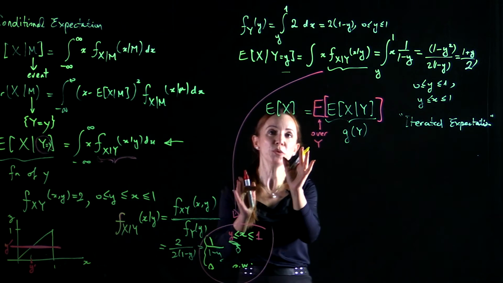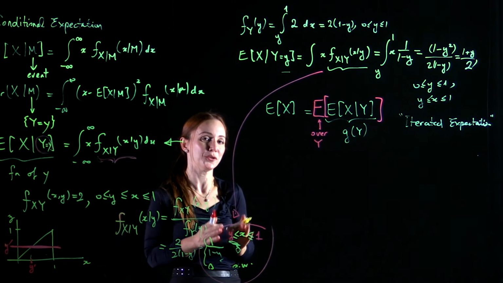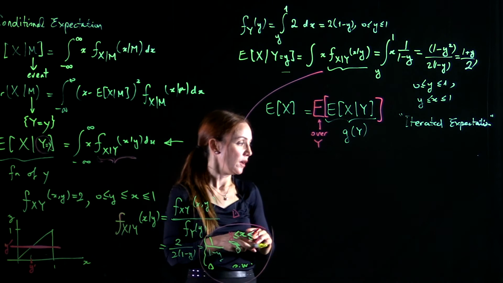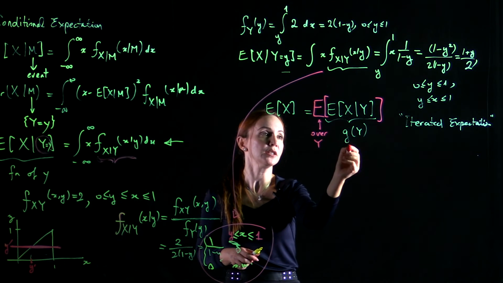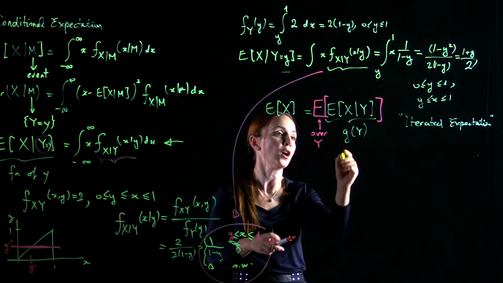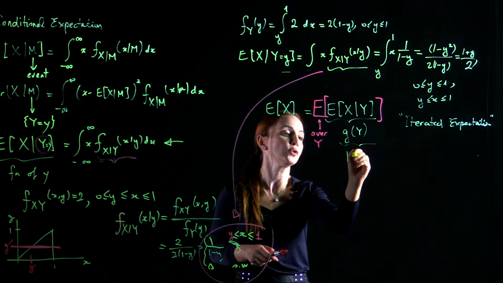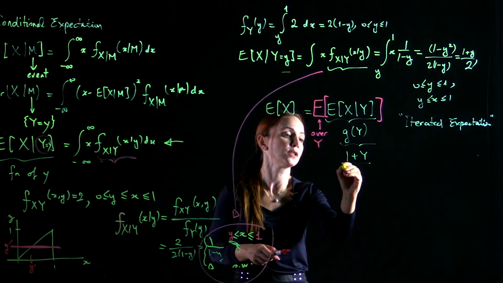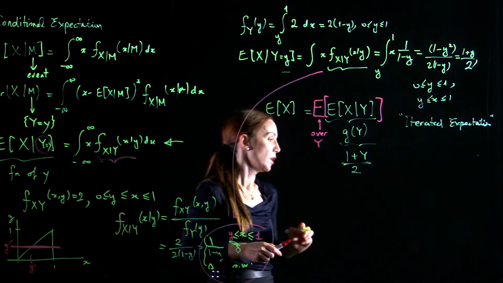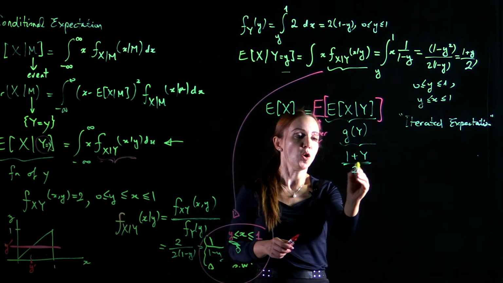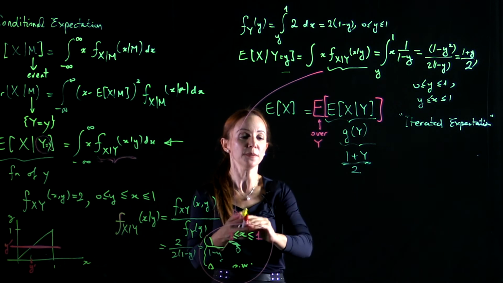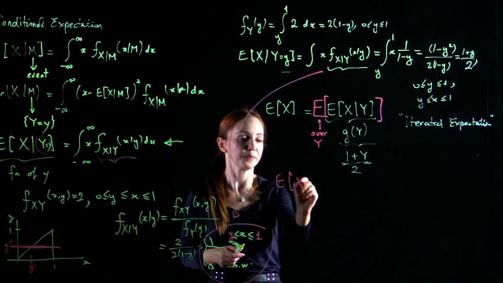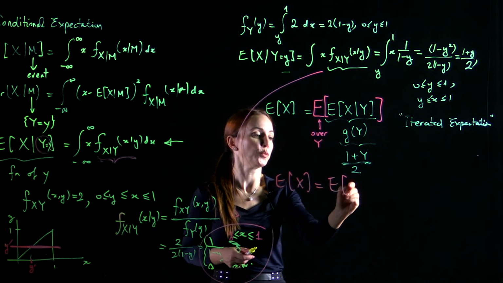So let's compute the expectation of x using iterated expectations here. Expectation of x given y, the function g of y in our case, is 1 plus y over 2. This is the function. So all we have to do is now compute the expectation of this thing over the distribution of y.